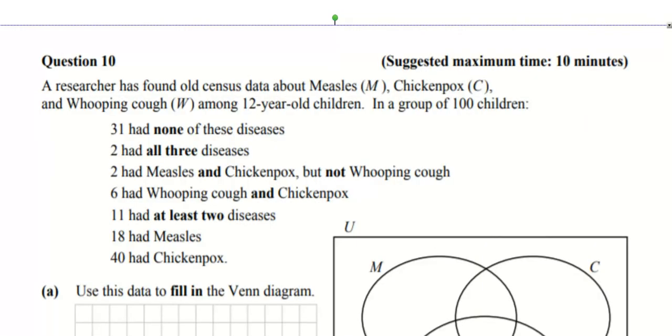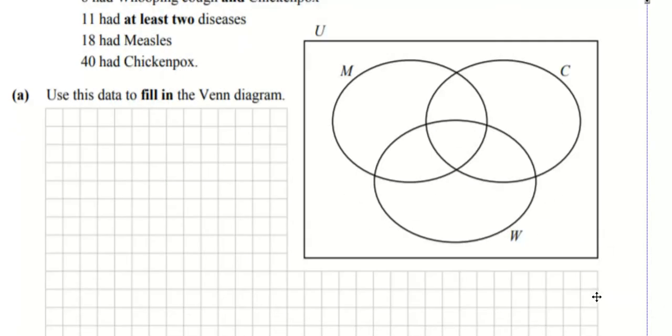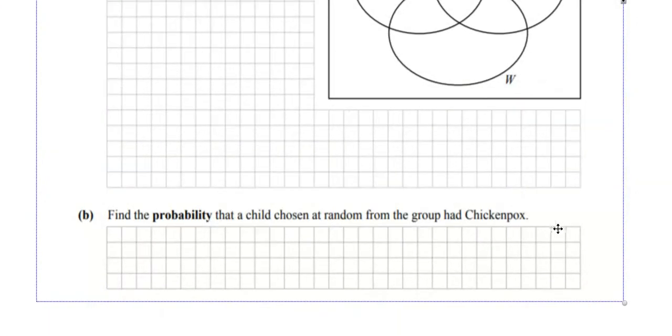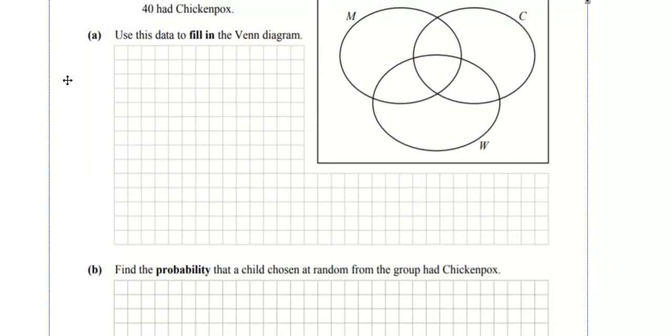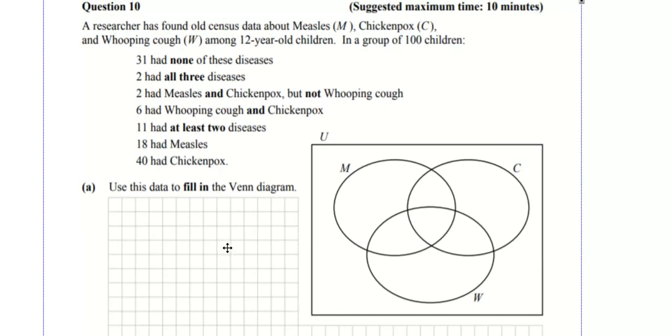The odd time these sets questions have a bit of probability in them, so just having a bit of basic probability in your mindset would be a good idea. Okay, let's figure this out. When you're doing these questions, try and start in the middle where possible. 2 had all 3 diseases.